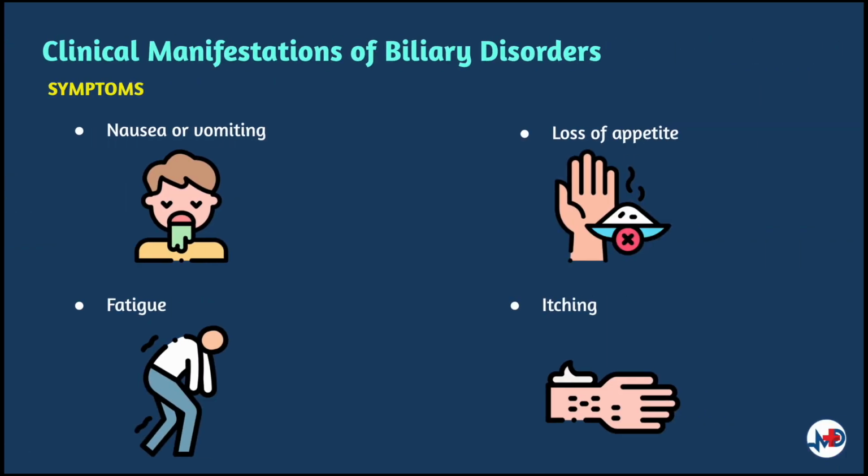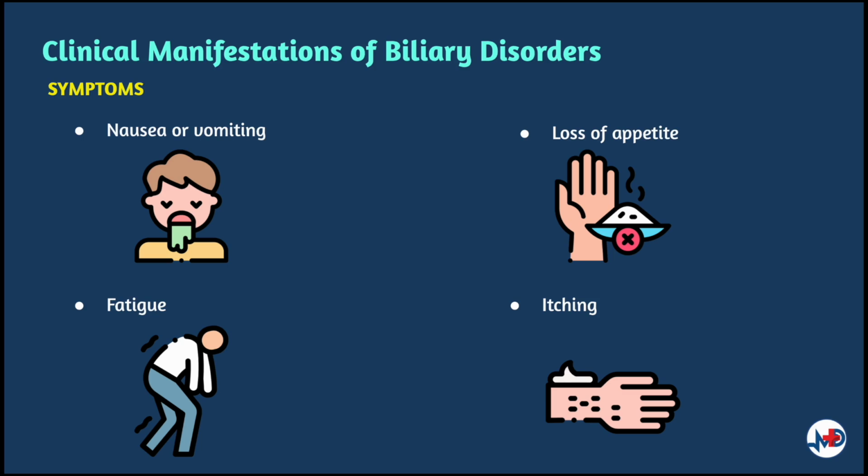So as we have seen all the other diseases that are under the topic of biliary disorders, here you may want to think about what are the symptoms of a person having biliary disorders. Let's begin with the general symptoms. One may have nausea or vomiting, feeling fatigue, loss of appetite, and sometimes itching.